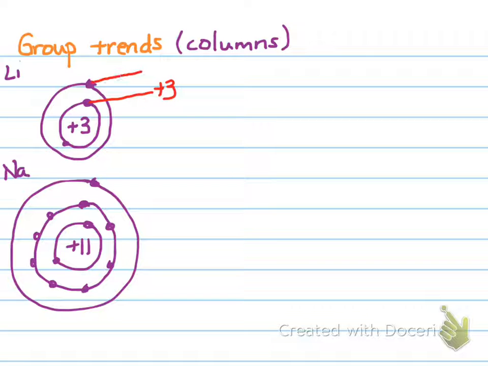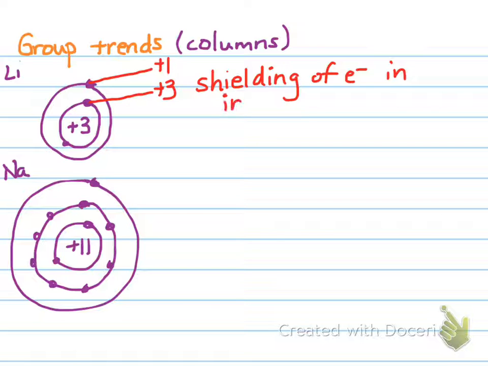But when we move into our second energy level, remember that pull becomes +1 because of the shielding of the electrons in the inner energy levels. So those inner electrons are canceling out or shielding some of that positive charge from the nucleus.